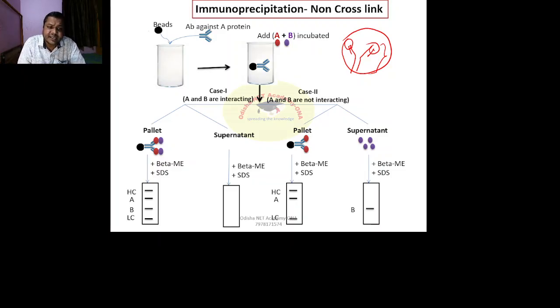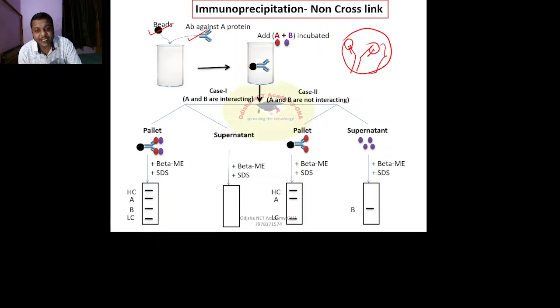First take beads, which are polysaccharide. Then add antibody against any one of the proteins, antibody against A or antibody against B. Suppose in this case I have taken antibody against A.